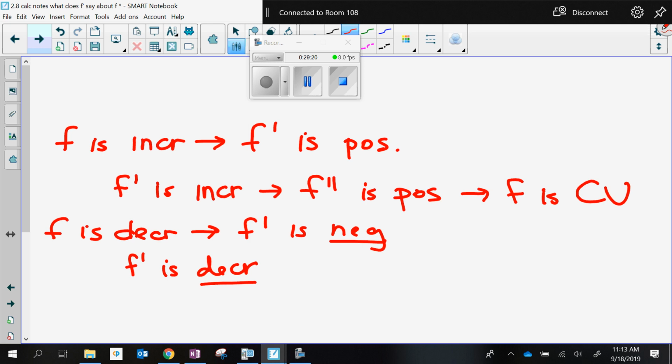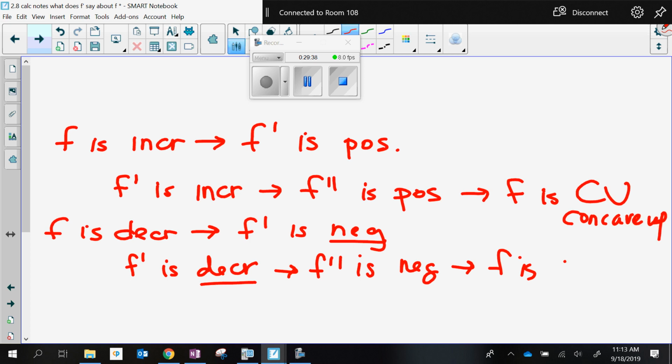F prime decreasing means F double prime is negative, and that is, sorry, I should have written this out. F is concave down.